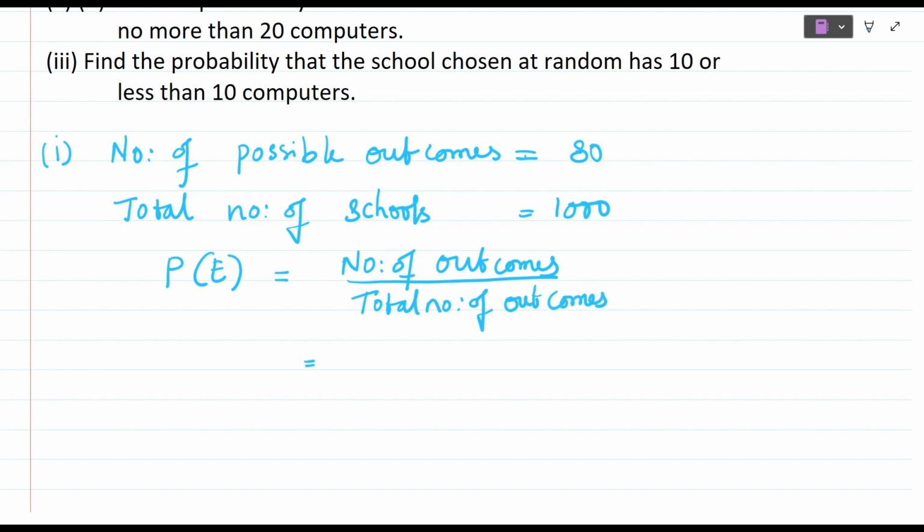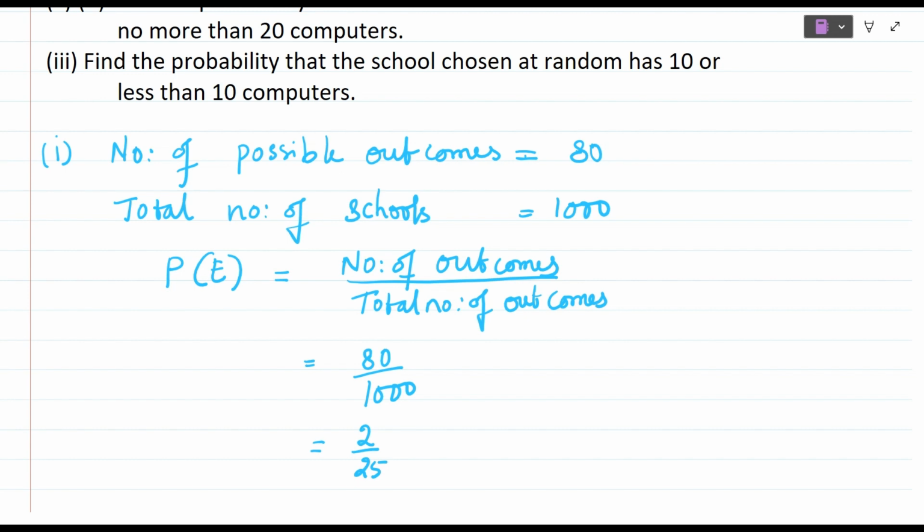So what is the number of outcomes here? 80, divided by how much? Total is 1,000. So convert into simplest form, students. You will get the answer as 2 by 25. Did you understand how to present?